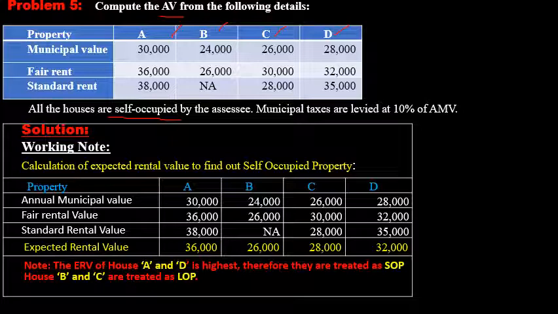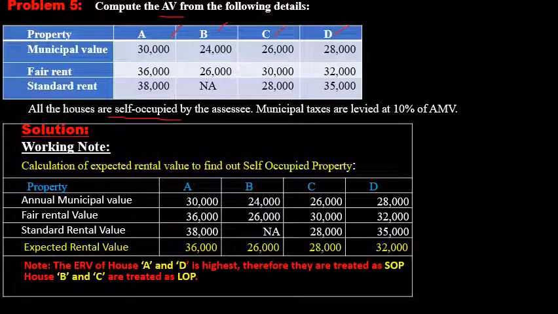So here, the SSC used four houses for self-residence. Now we have to consider only two houses as self-occupied property. Then which houses are to be considered as self-occupied? For that, you have to calculate the expected rental value of all the houses which are used for residential purpose.